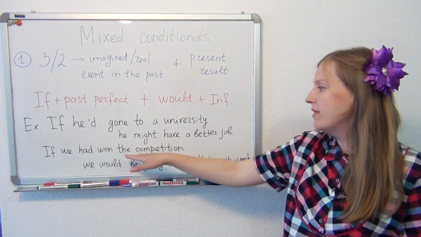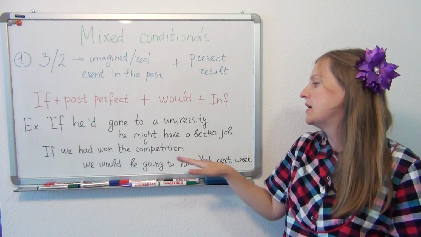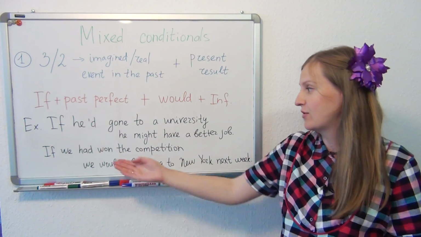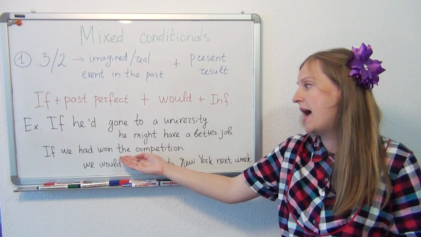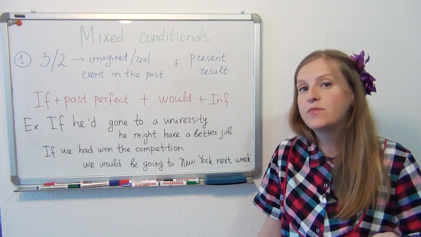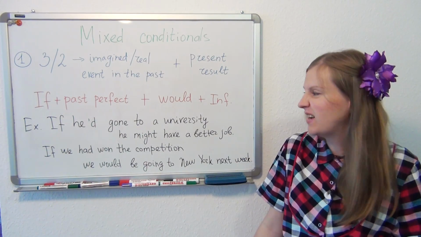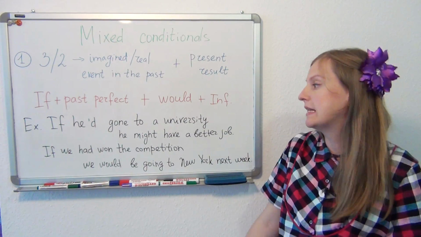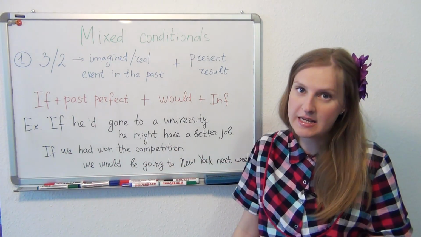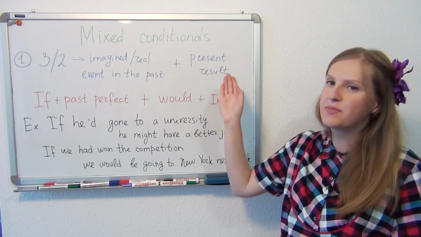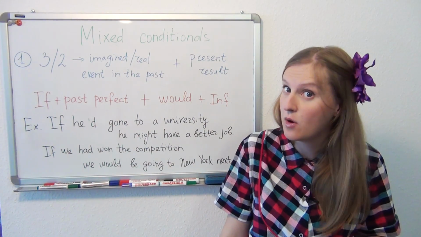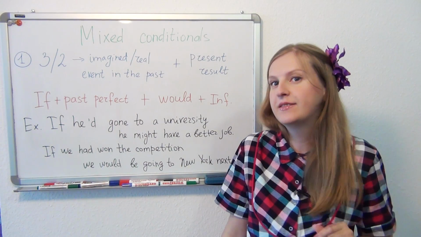If we had won the competition, we would be going to New York next week. So here we have an event in the past, a competition which we took part in, but unfortunately didn't win. And the result is going to New York next week. By the way, it is actually not a present result, it's even a result in future, which is also possible. So be careful.